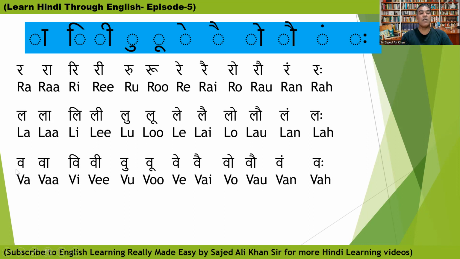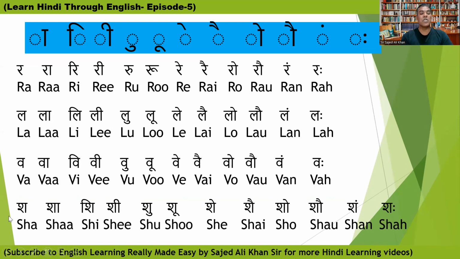Next is V. Again here, you have to touch the upper teeth with the lower lip. V, wa, like we pronounce V in English. V, wa, we, wu, we, wo, wow, one, wa.